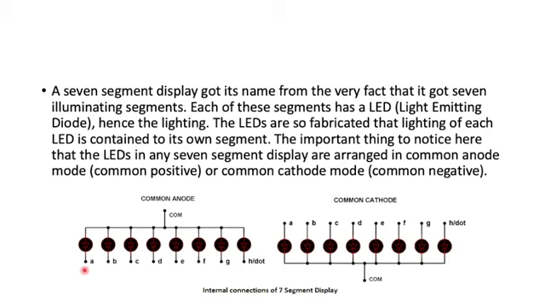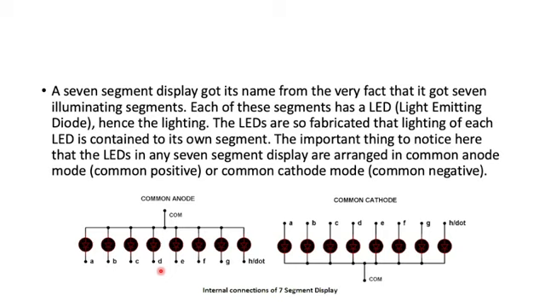They will be connected through a resistor. And for common cathode it is opposite. The cathodes of all the 8 LEDs are shorted together and grounded, and the anodes are interfaced to the digital ICs. So based on this configuration, the input to this 7-segment display varies.